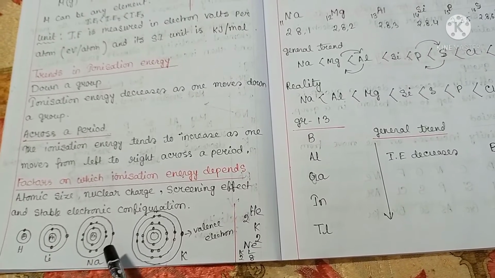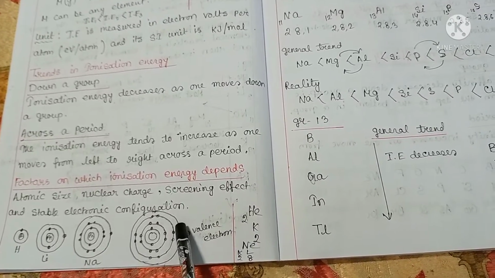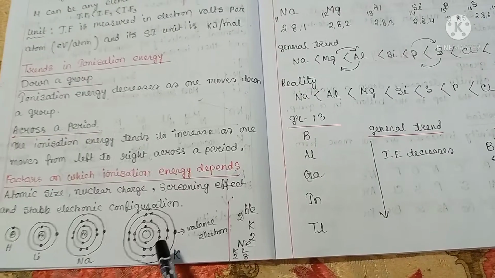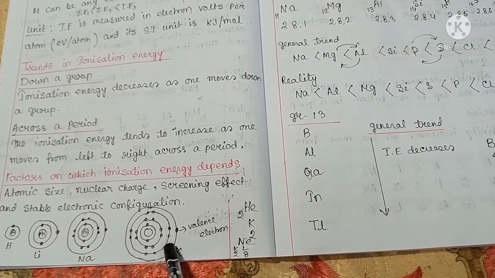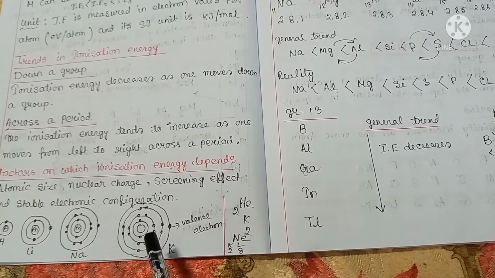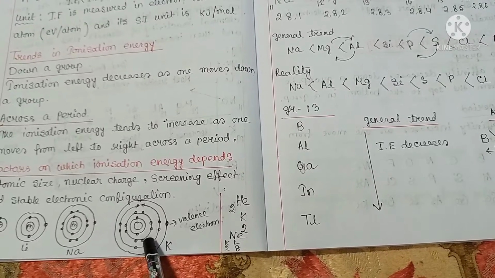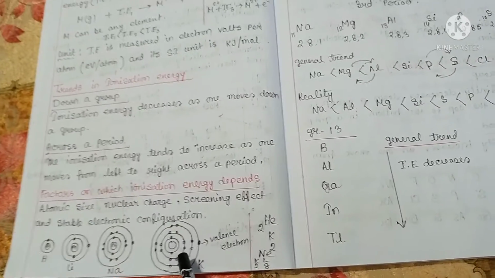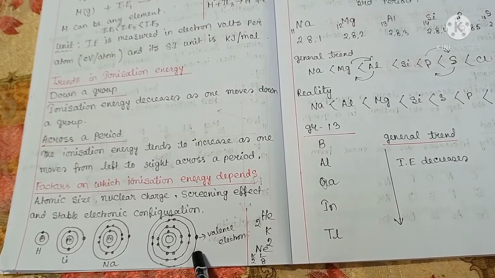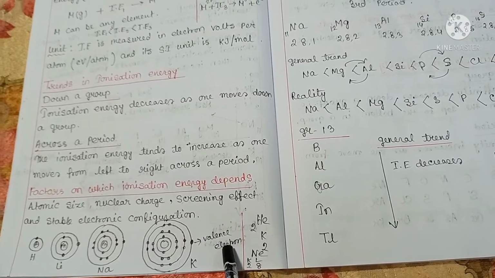Greater the number of shells, see, there is a shell between nucleus and valence electrons. Greater the number of shells in between nucleus and valence electron, lesser will be the electron-nucleus attraction and lesser will be the ionization potential or ionization energy, because the electron is then easily removed from the outermost shell.